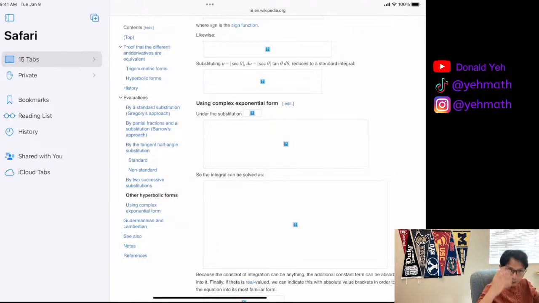Let's look at Wikipedia on my iPad. Who invented the integral of secant of x?